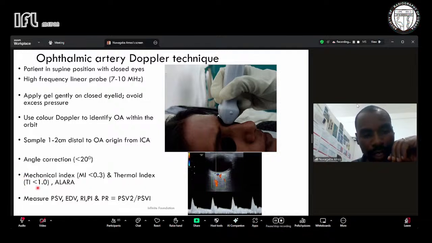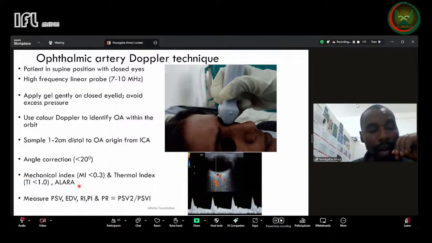How do we change the mechanical index and thermal index? This is usually from the acoustic power, which we know ranges up to 100%. The acoustic power is usually expressed in terms of percentage. And if you can have a good diagnostic image at, let's say, 50% of the acoustic power, that is okay.